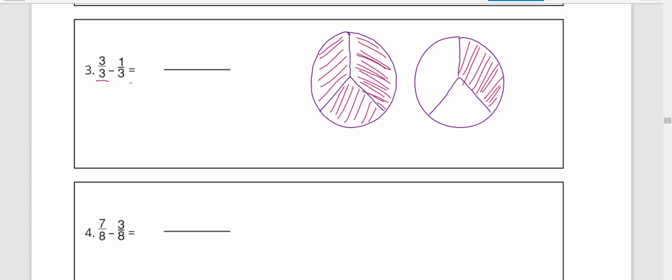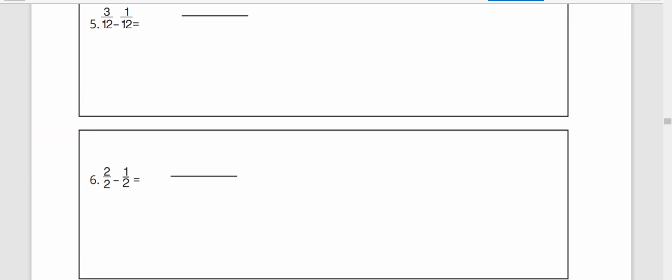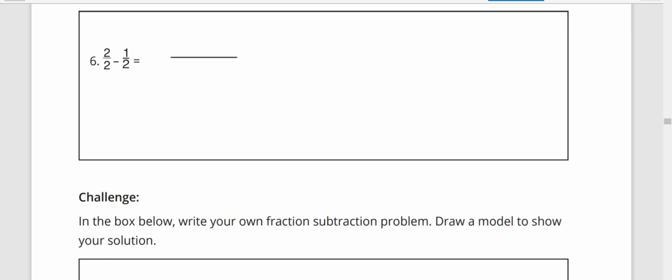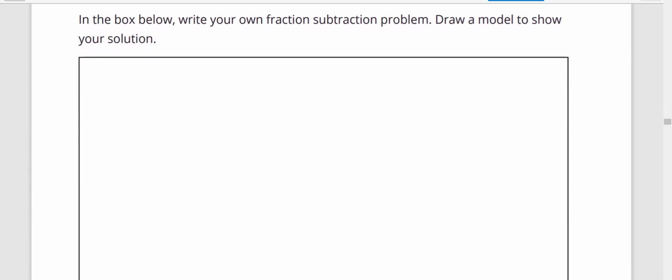The number 3 is written in the denominator because it is the same in both fractions, and subtract the two numbers in the numerator. 3 minus 1 equals 2. Number 4, solve on your own. And number 5. And number 6. Challenge: in the box below, write your own fraction subtraction problem.